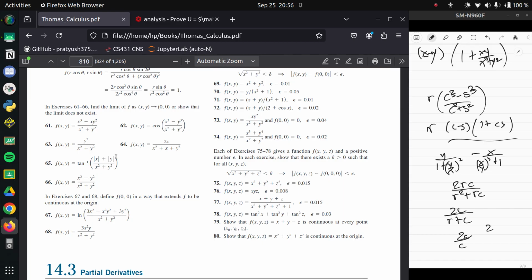It doesn't make sense. Where did we go wrong? r is tending to 0, and so this should be tending to 2, but if cosine is 0, then this whole thing just becomes 0 itself. So it's seriously just approaching 2.